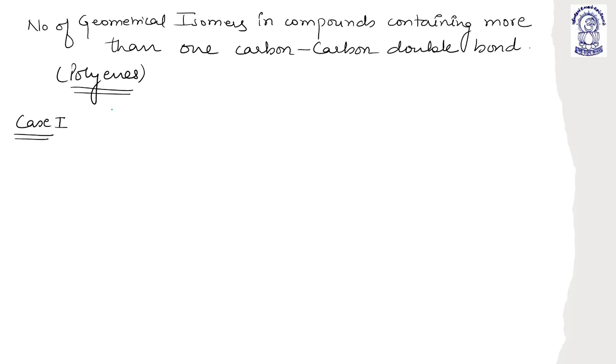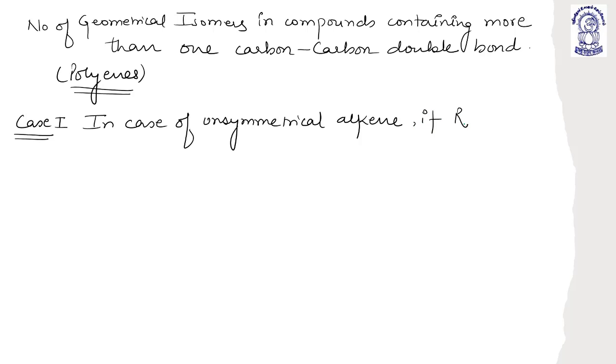In case of unsymmetrical alkene, if the alkyl groups attached to the carbon-carbon double bond are not equal, R1 is not equal to R2, like for example R1 CH double bond CH, single bond CH double bond CH, R2.